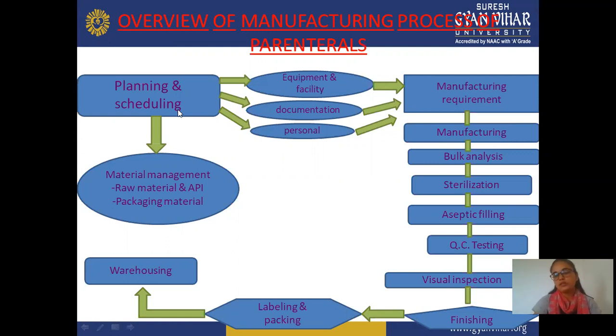After planning and scheduling, it is divided into different categories or requirements of your parenteral product: equipment and facility, which equipment is required for your formulation and the facility condition for your plant; documentation, how to prepare documentation of your formulation, proper step-by-step documentation of your procedure for a particular formulation; and personnel, which personnel are responsible for manufacturing this parenteral product, and whether that particular person has sufficient knowledge or experience or not.